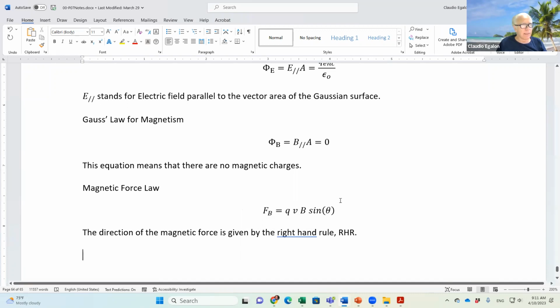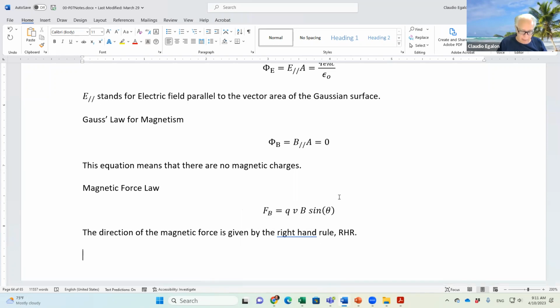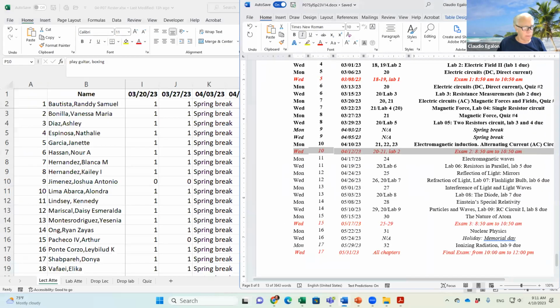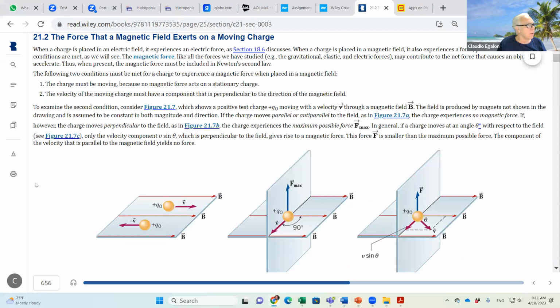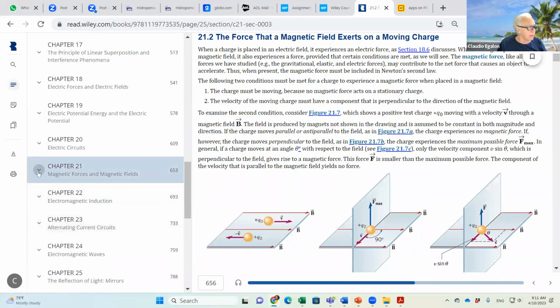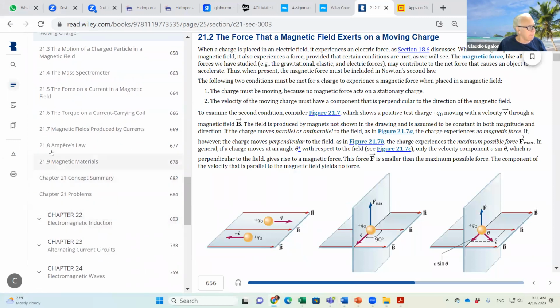And now, next, what do we have next? We have Ampere's law. That was section 21.8. Okay. Ampere's law.